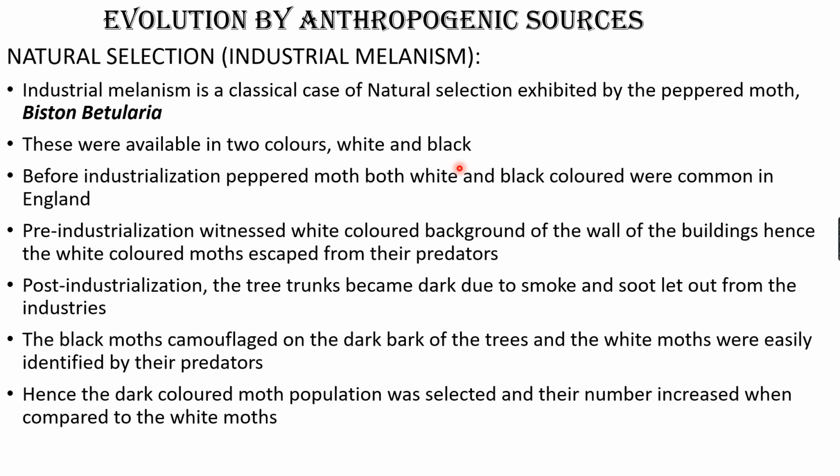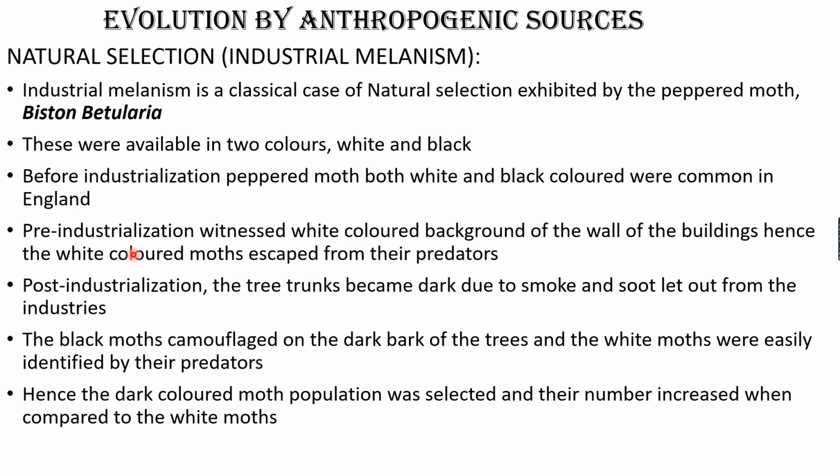Before industrialization, the peppered moth, the common moth or insect in England, was white in color, on the white background of the wall of the building. So white color moths were selected by the nature, and they escaped from their predators, their enemies.